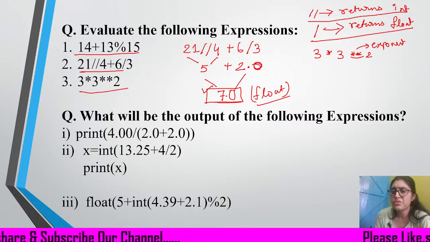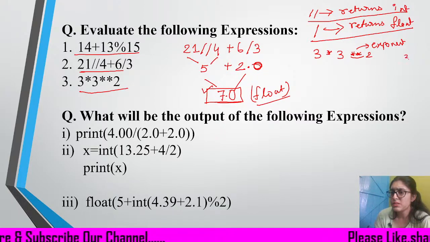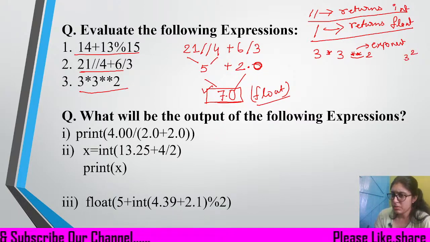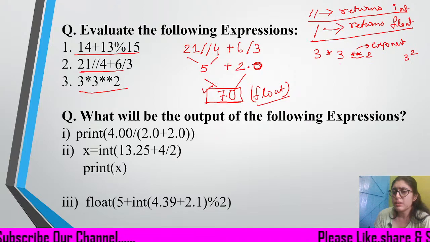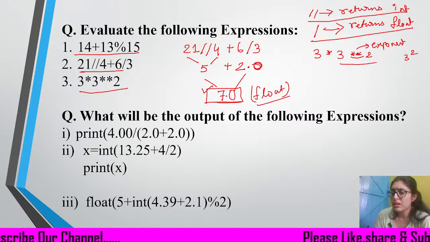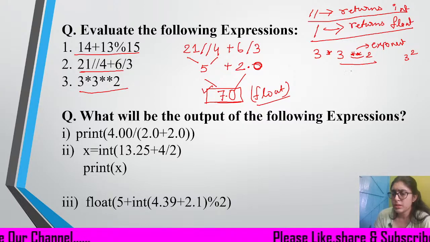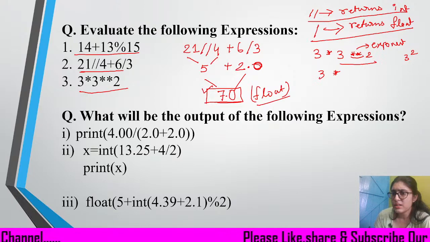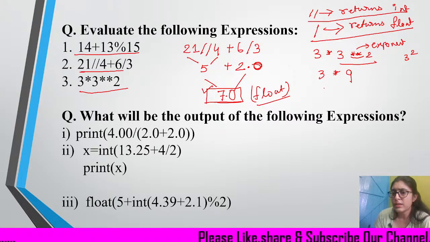That means if I write 3 double star 2, it means 3 to the power 2. Now 3 double star 2 always has a greater precedence than multiplication. So we will do it first, then we will multiply it with 3, right? So 3 to the power 2 means 3 square is 9, and 3 into 9 will be 27.